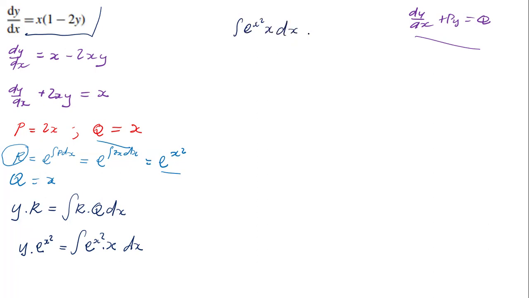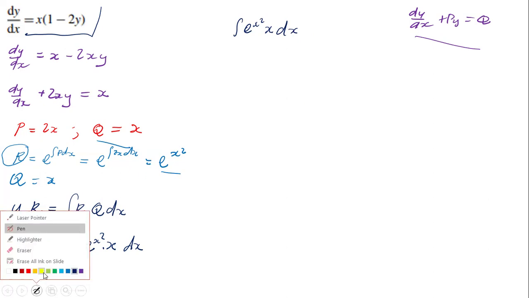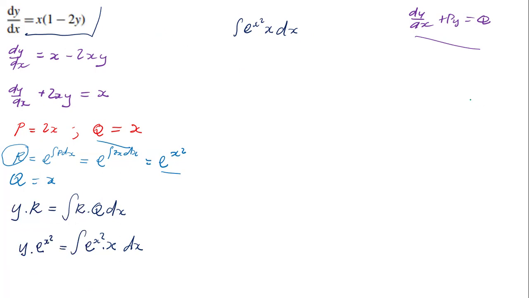I'm going to let u be equal to x squared. And then with the very same equation, I'm going to differentiate it. So I'm going to have du divided by dx is equal to 2x. After differentiating x squared, now I have x, so this x will cancel with that x. That's the reason why I say my u is x to the power of 2.